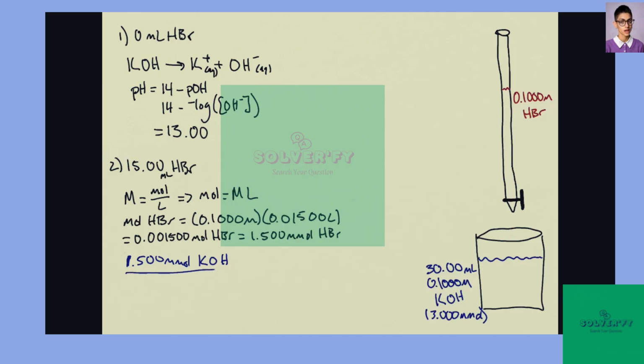This is then in a solution of the initial 30 milliliters of KOH plus the additional 15 milliliters of HBr, which gives us a molarity of 0.03333. This is actually the concentration of KOH, but since there is a 1-to-1 ratio of KOH to OH, it is also the same concentration for hydroxide.